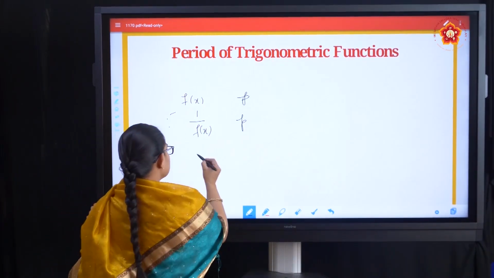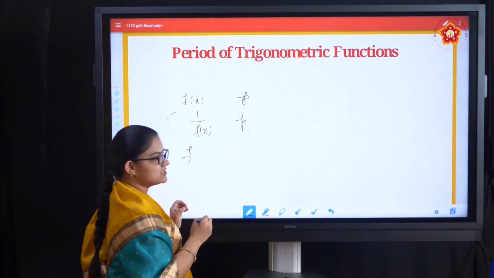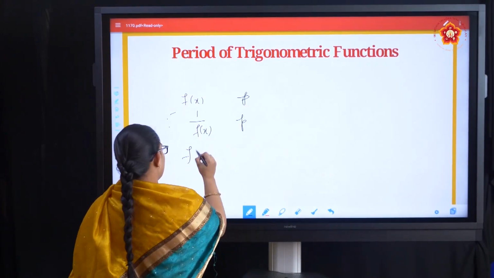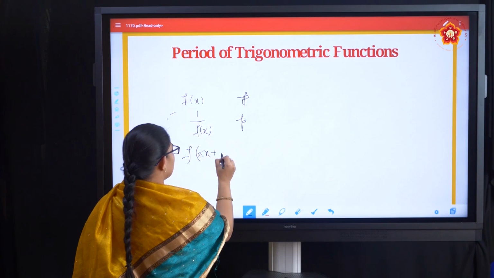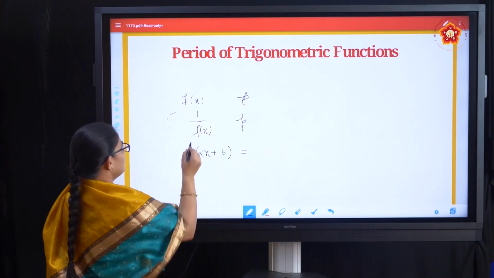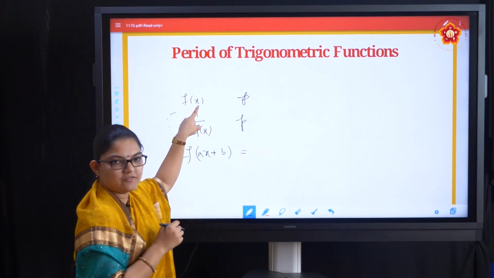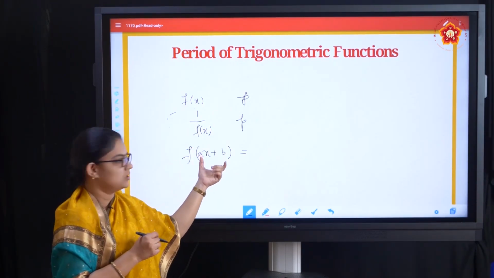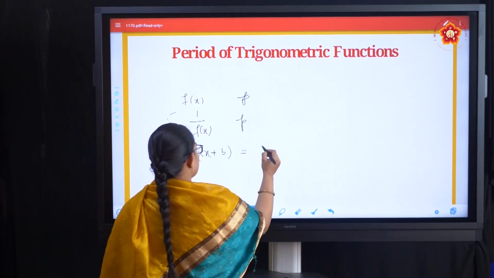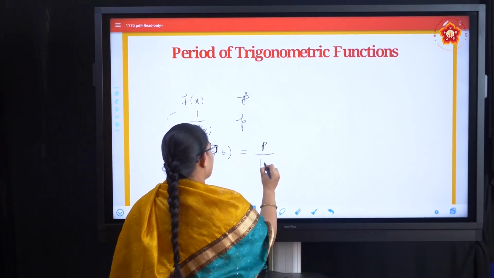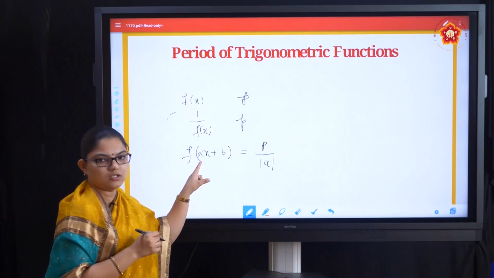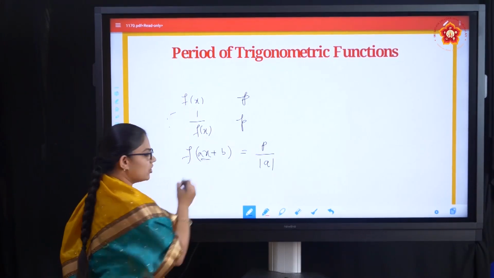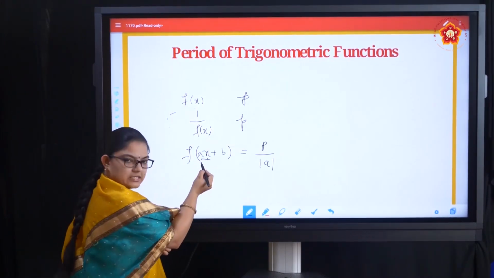And also we can find the period of f of ax plus b. If we know that f of x has the period P, then the period of f of ax plus b will be P by mod a. What is a here? A is the coefficient of the variable, that is, the coefficient of x.